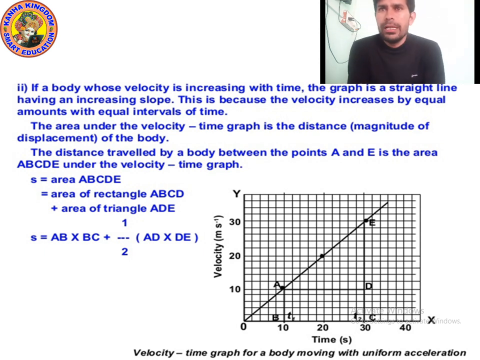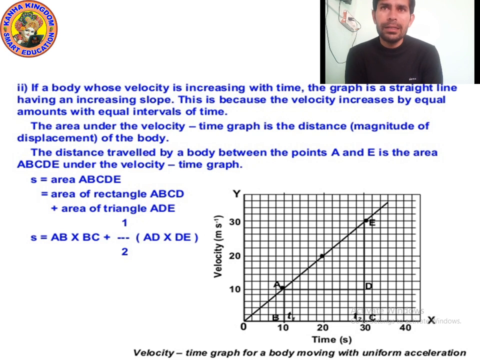So if we draw the line, we will get the graph, as you can see, and we can mark some points like D point, C point. The frame here will be between T1 and T2, and we got two diagrams here.